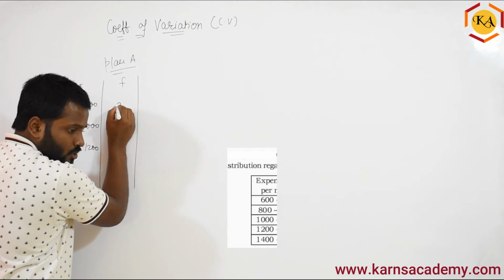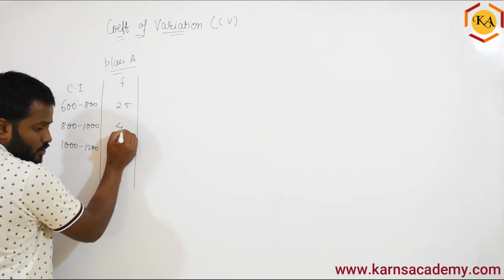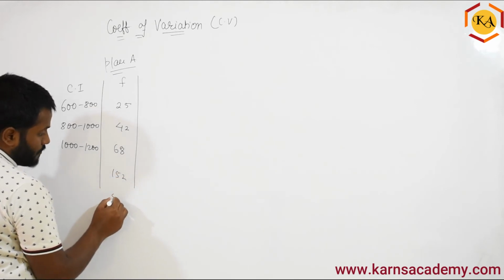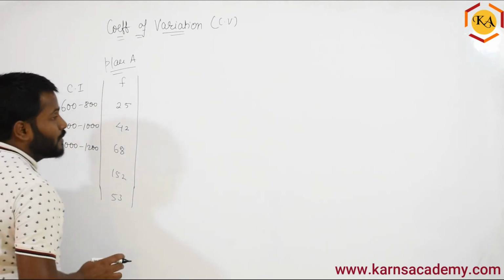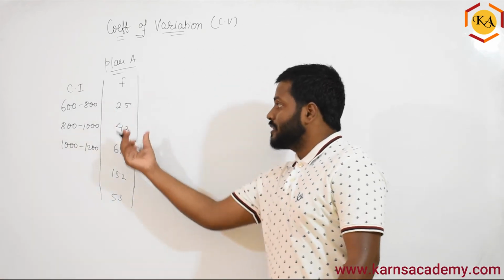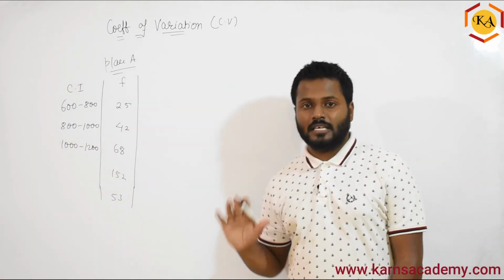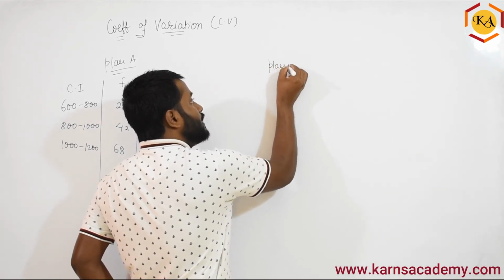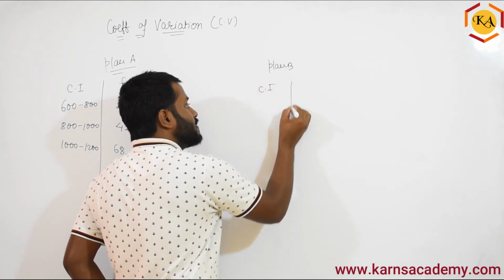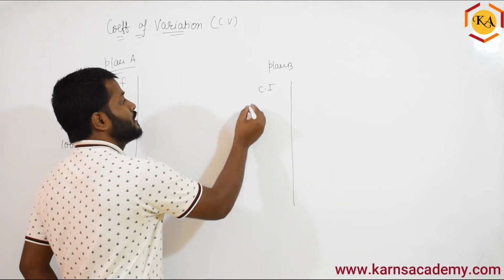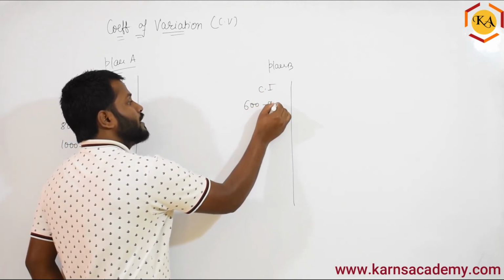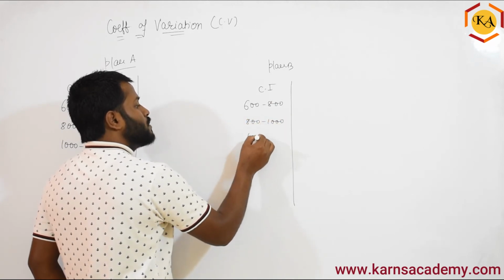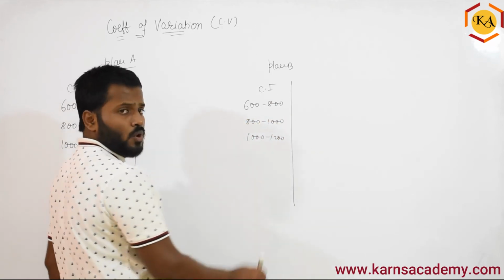And what is the frequency? 25, 42, 68, 152 and 53. This will be the frequency; you can treat this column as the frequency for place A. Similarly, when you start solving for place B, you will take the same class interval, that is 600 to 800, 800 to 1000, 1000 to 1200, and so on.